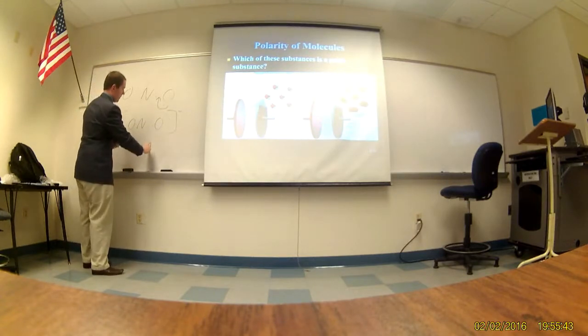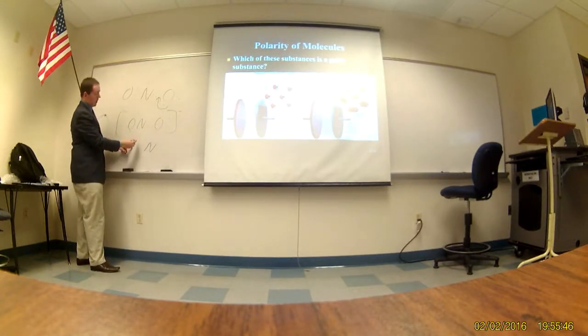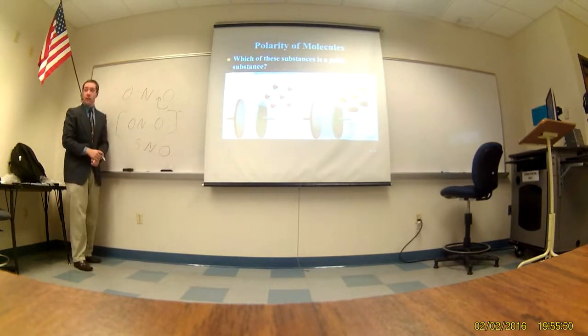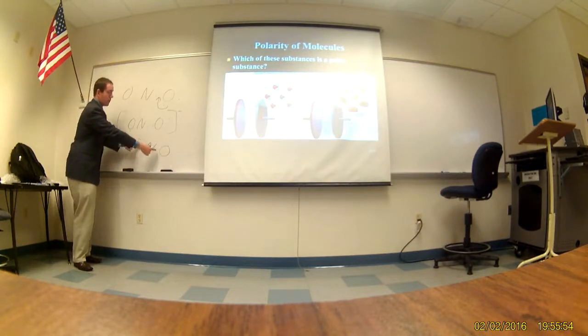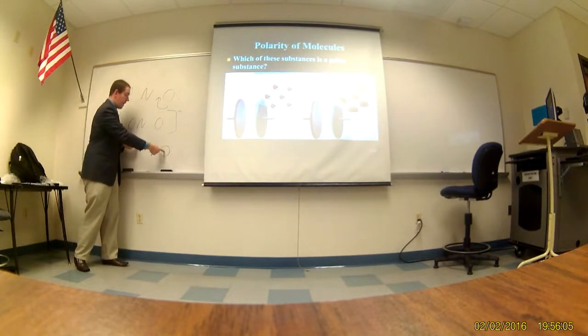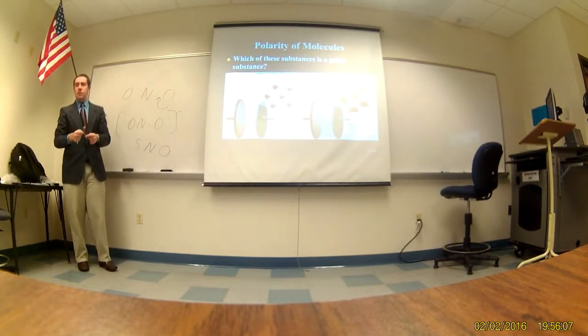But I'm not guaranteeing this is something that would actually exist. But if you have a linear molecule that looks like that, this bond is going to pull harder than that one. So only if it's the same on the outside. Right. They have to be the same bond, opposite of each other.